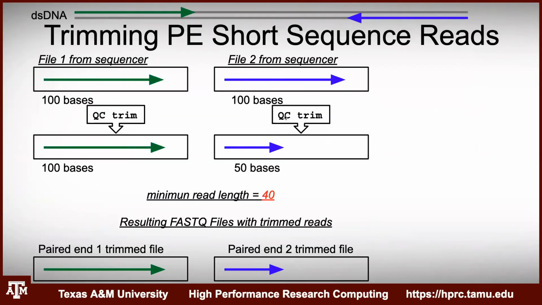Whenever you're trimming paired-end short sequence reads, so Illumina reads, if you do a QC trim, a lot of times read 2 is going to end up being much shorter. That's because read 2 is processed later in the sequencing run. Essentially it processes all of read 1, and then it bends the DNA fragment over and sequences the reverse read that way.